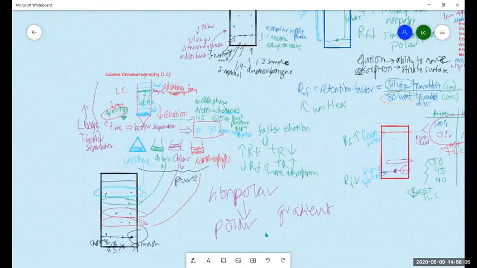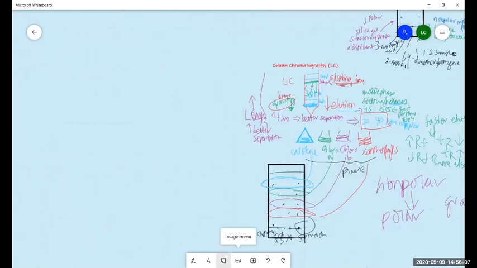Another thing, I'm going to add some factors. I will type it because my handwriting is not great. So, longer column. What are things that help you separate? You have a longer column because you have more time and more adsorbent to interact with, so you'll have more time for separation.